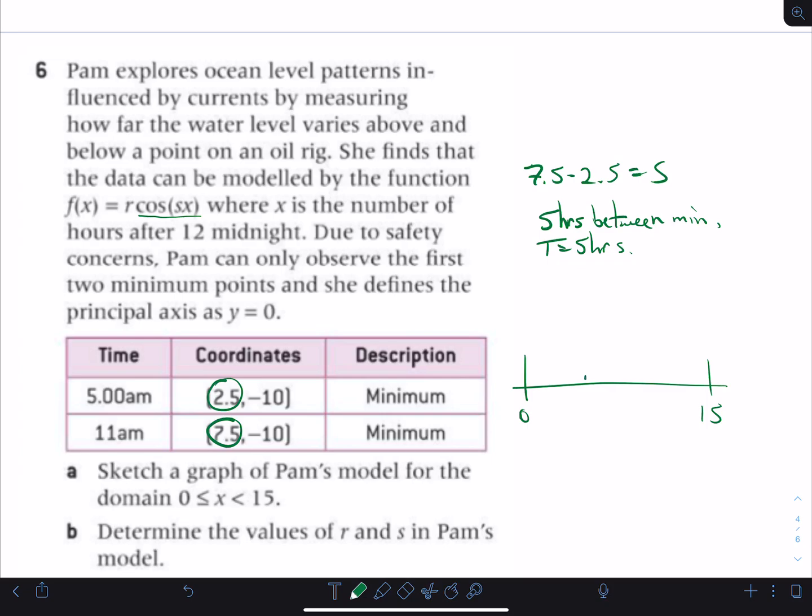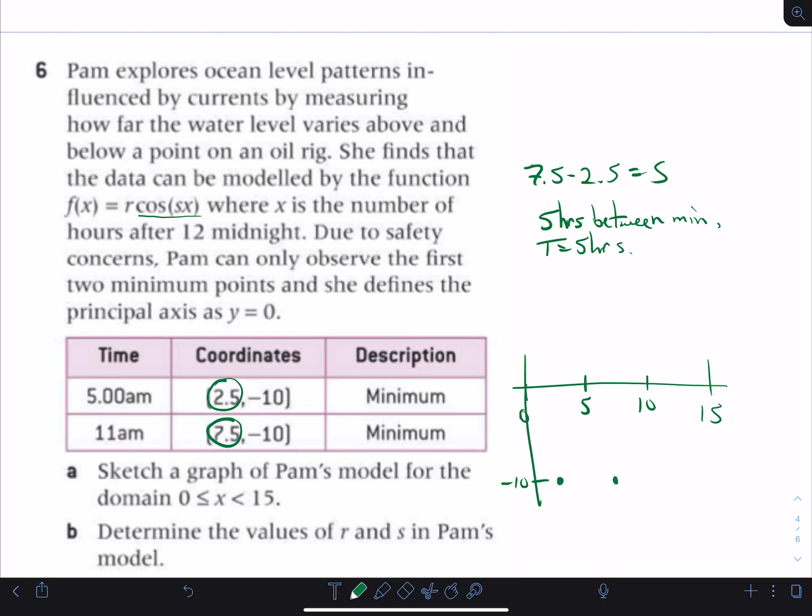So I would chop this up into 3 nice and tidy little things like that. They say you hit a minimum at -10, so I'll drop it to -10. You get a minimum at 2.5, and you get one at 7.5.